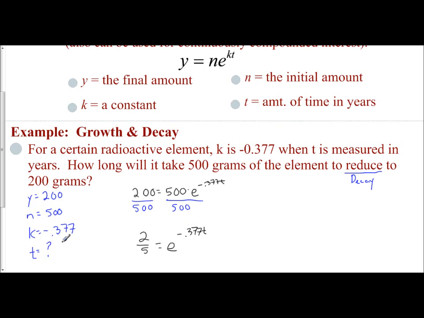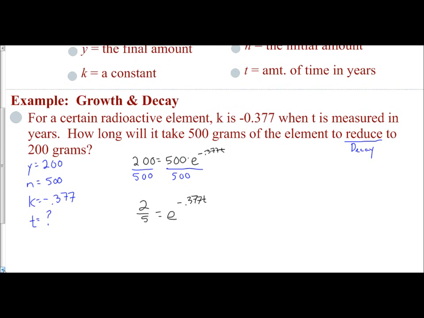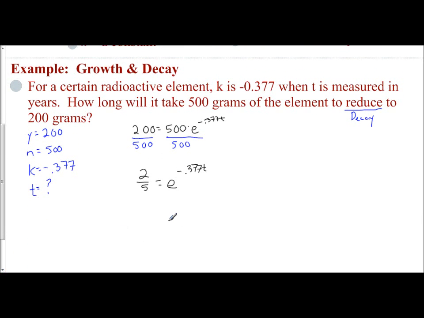Now from here, I need to figure out my variable is in the exponent. How do I get the variable out of the exponent? What you do is you take the natural log of both sides. If you take the natural log of both sides, that allows me to have the natural log of 2/5 equals this exponent can be brought down and become the coefficient.